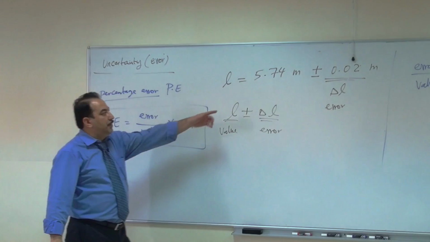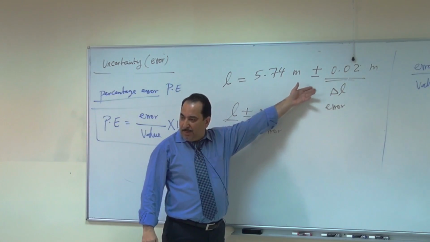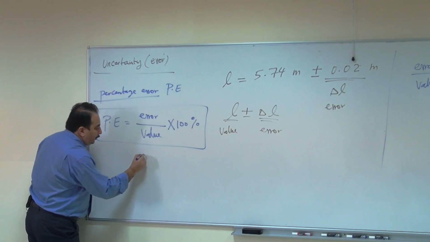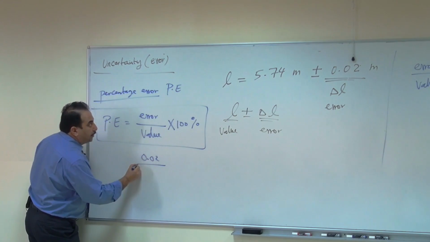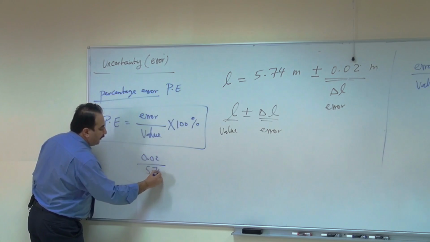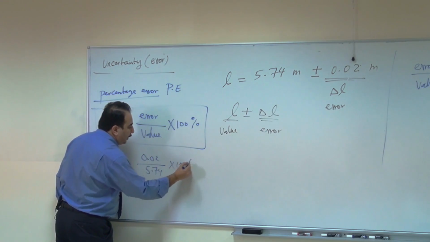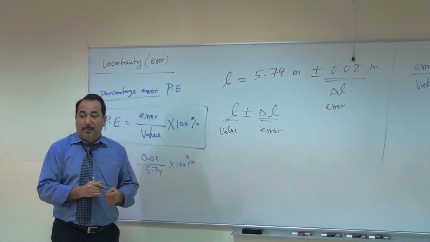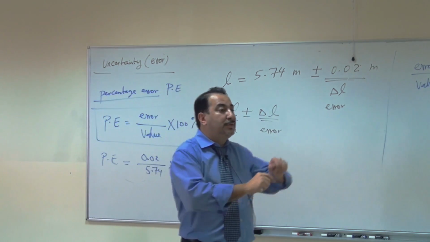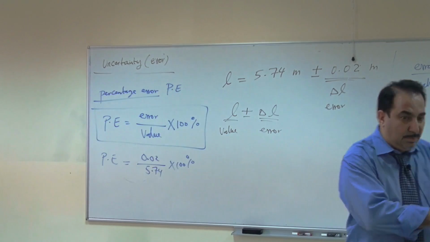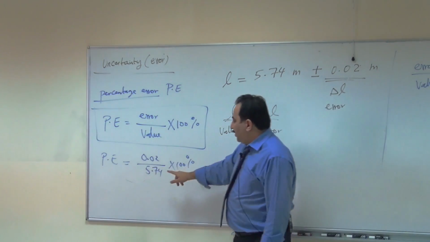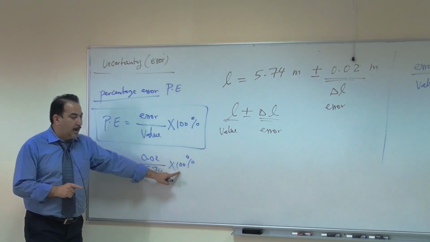Now let's apply it for the length, which I gave you as the example here. So what's the error? 0.02 over 574 multiplied by 100%. What's the percentage error? Be careful. I've noticed that some students use the bottom of percentage. That will give you the wrong answer. Just divide these two, multiply by 100.